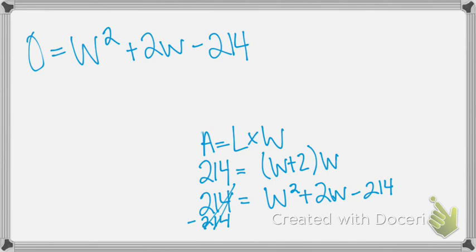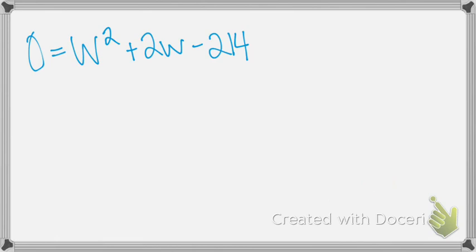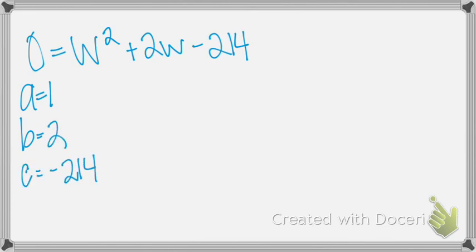Okay? So, since these numbers are so large, I want to use the quadratic formula. A equals 1, B equals 2, C equals negative 214. Okay?